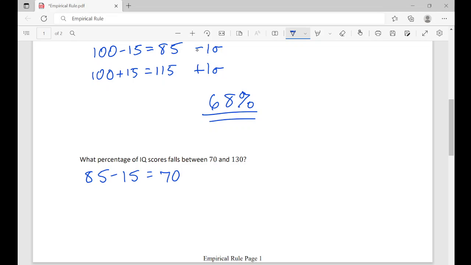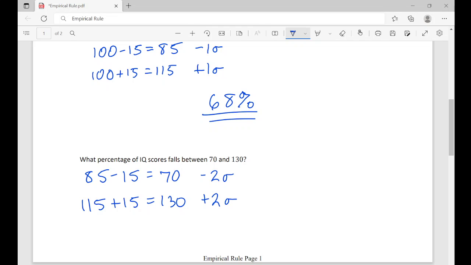And since we've already gone down one standard deviation below the original mean, and we do it again, we've actually gone down two standard deviations this time. Now if we do it again, 115, and we add 15, we're going to get 130, which is positive 2 standard deviations above the mean.